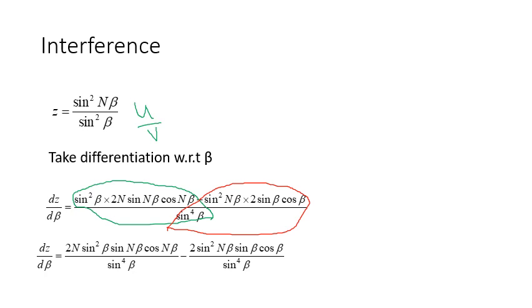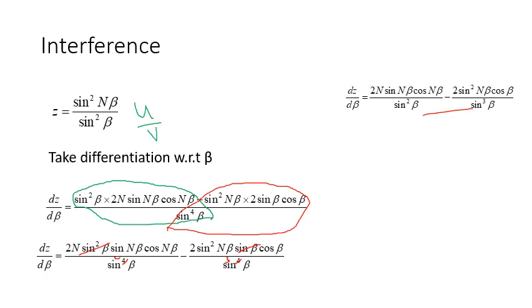I'm going to simplify further by cancelling sine square beta against sine power 4 beta, which gives sine square beta, and similarly sine beta against sine power 4 beta, which gives sine cube beta. So we have done the simplification and we got this expression.